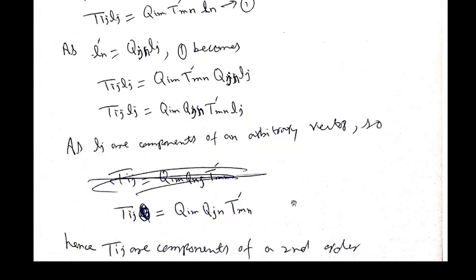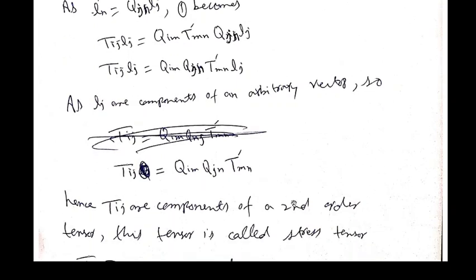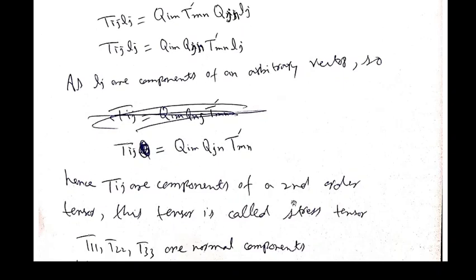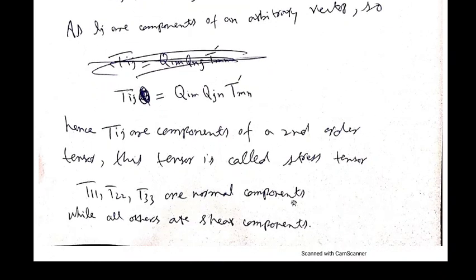Now this is telling us that t_ij are the components of a second order tensor, and this tensor is the stress tensor. It has 9 components, obviously: t11, t12, t13, t21, t22, t23, t31, t32, t33. The diagonal components are called the normal components, and the other, off-diagonal components are the shear components.